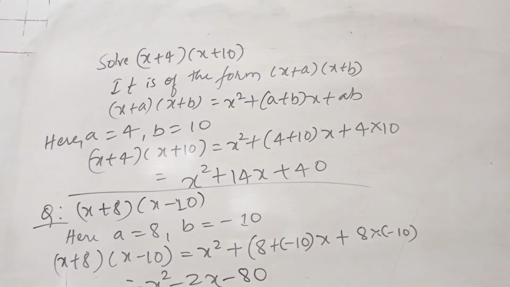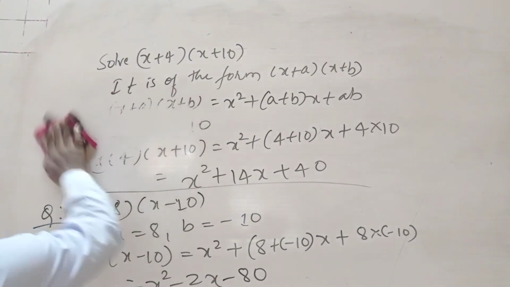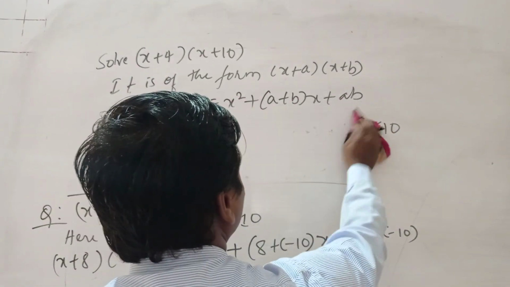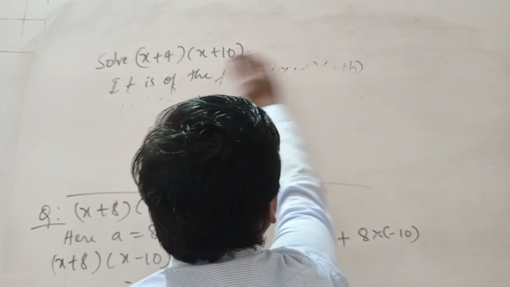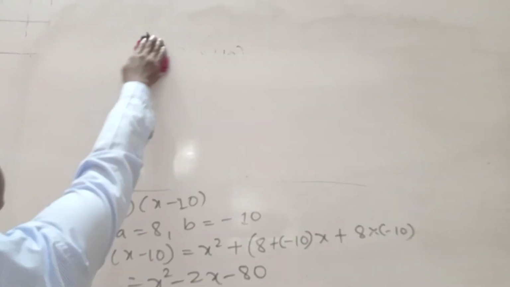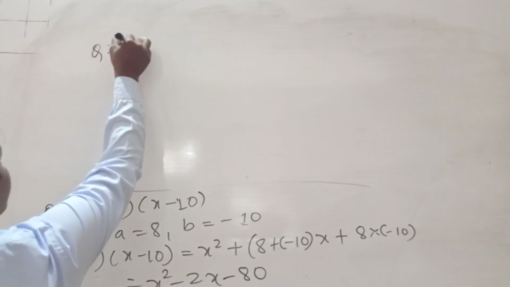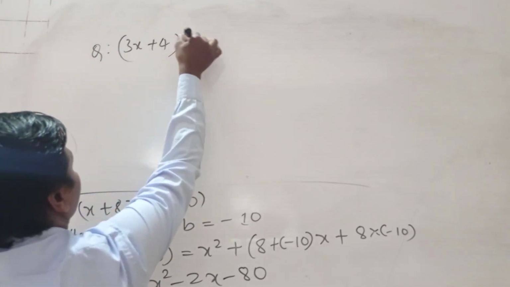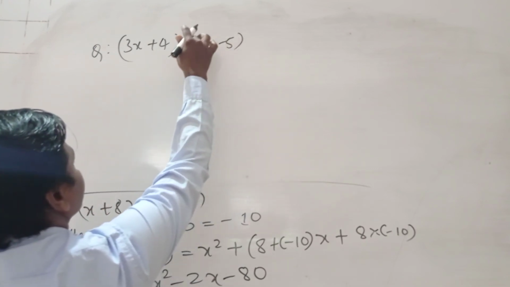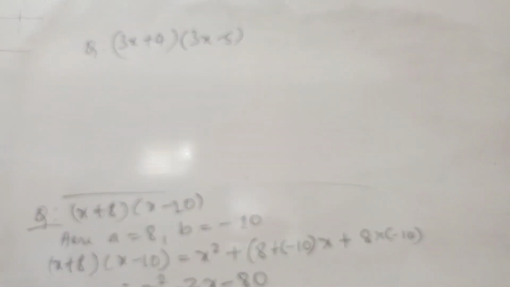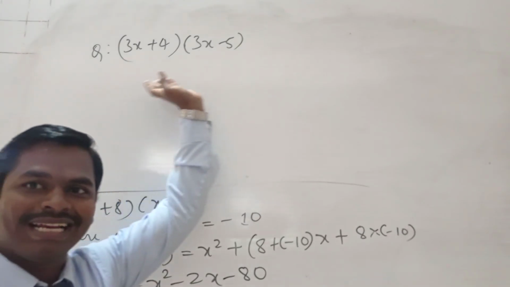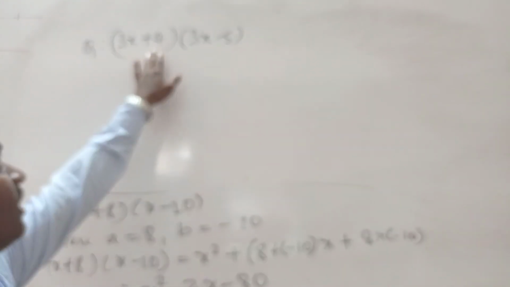The next polynomial you can solve: (3x + 4) into (3x − 5). It is of the form: in the place of x, 3x is there. In the place of a, 4 is there.